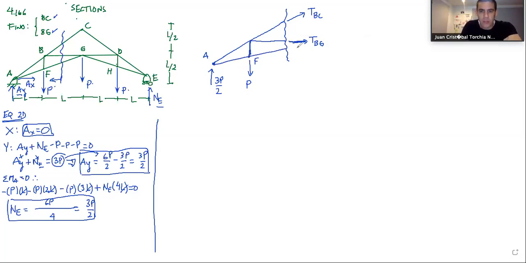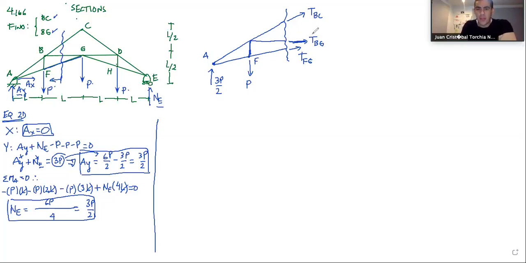That wasn't much of a problem. From here to there, this is the body I'm looking at. I don't want to put it too close to BG, so I'm going to put it like that. It's going to be called TFG.